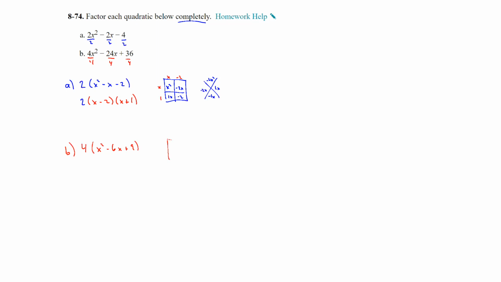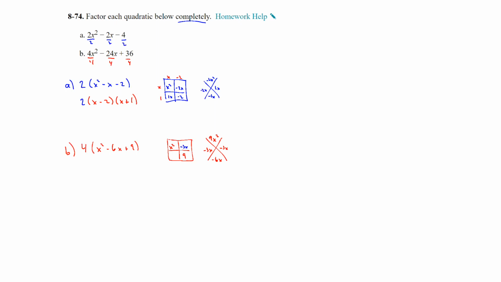And then we can use our generic rectangle again. We have an x squared and a 9. And we need to know what multiplies to give us 9x squared but adds to get negative 6x. And that will be negative 3x and negative 3x. This is also a perfect square trinomial, so if you were able to do it by using the shortcut, that was great too.